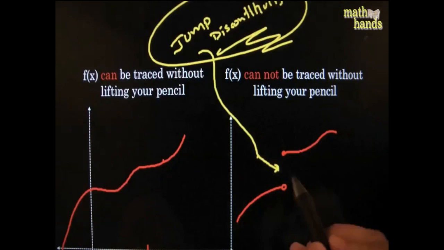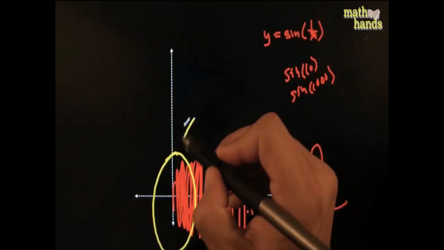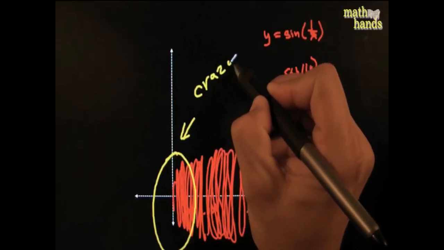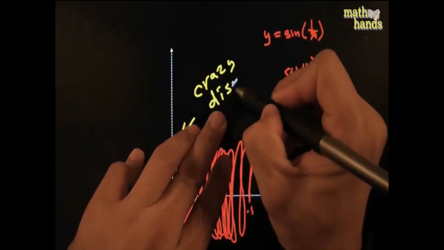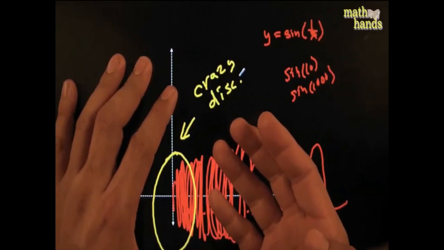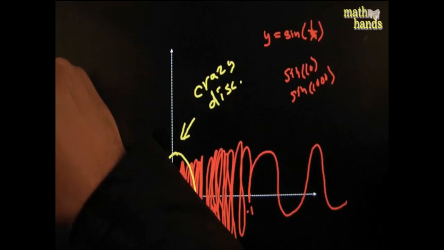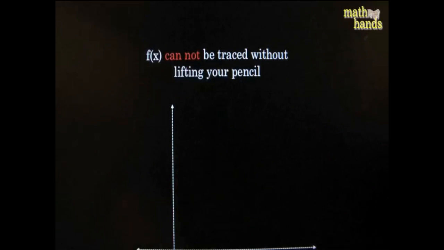We saw jump discontinuities. What kind of discontinuity is this? This is called a crazy discontinuity. And there's many more where this one came from. The discontinuities can get so strange that we'll never be finished describing those.